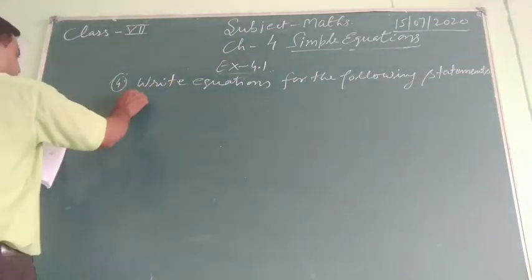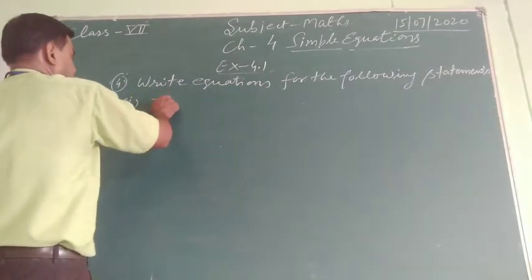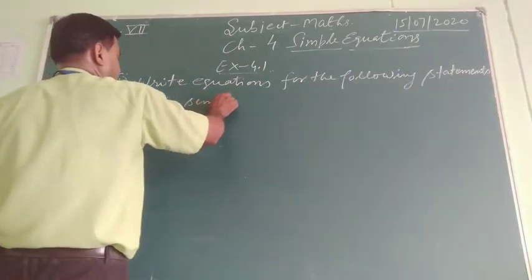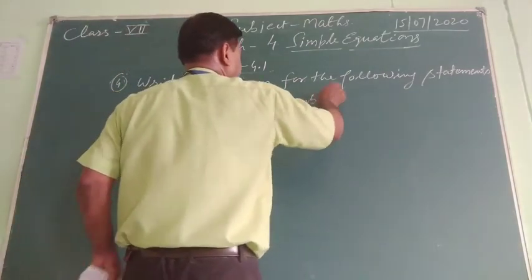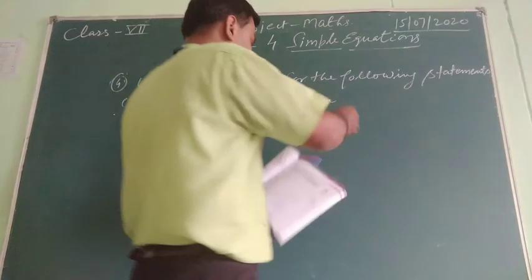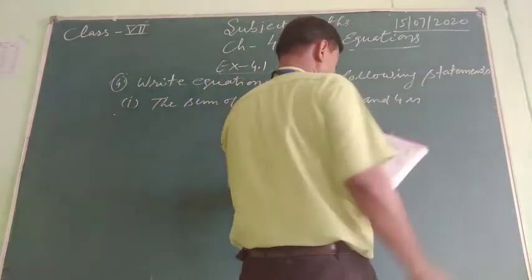Now the first part is: the sum of the number x and 4 is 9.